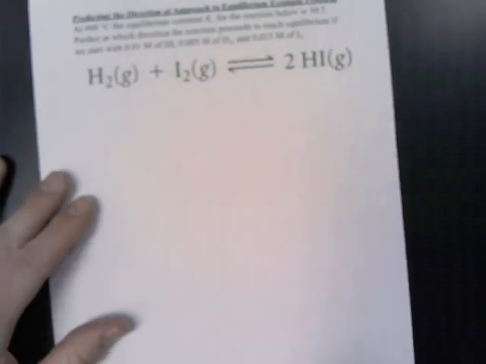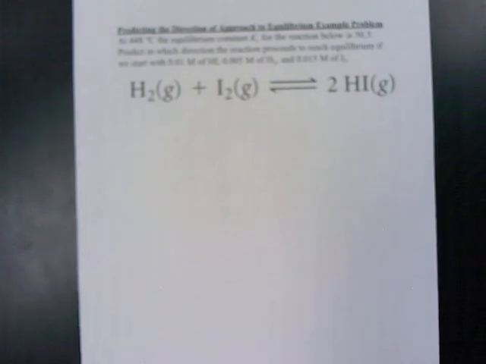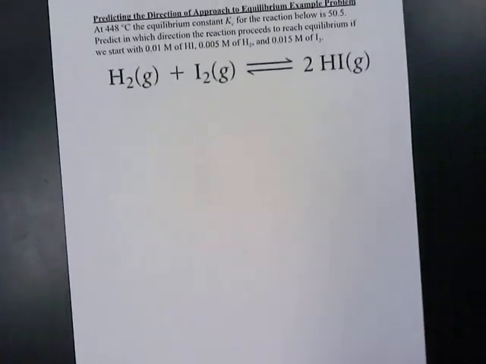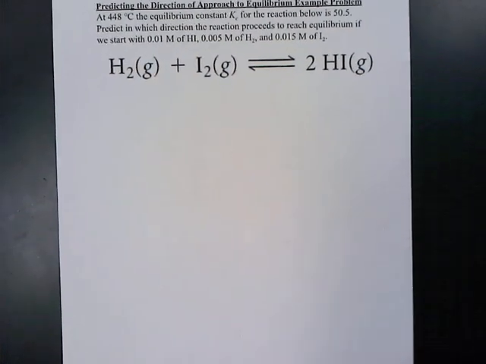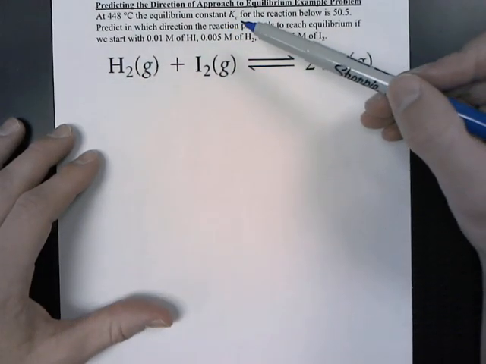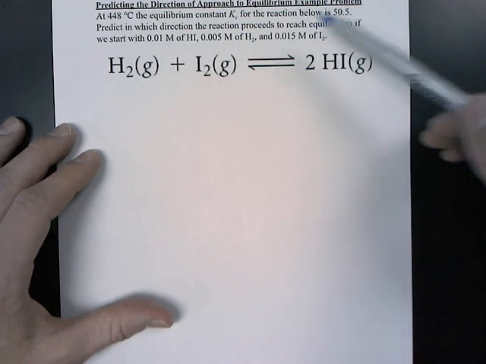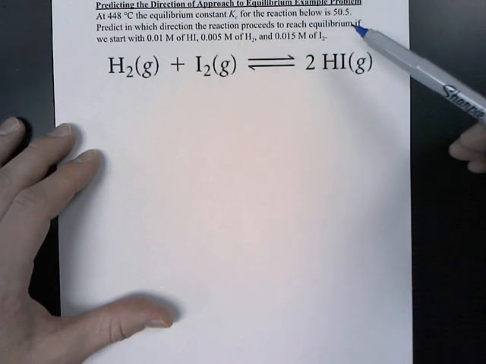All right, so in this case here, what we want to do is this. We have our Kc for this particular equilibrium expression, and that Kc is 50.5.